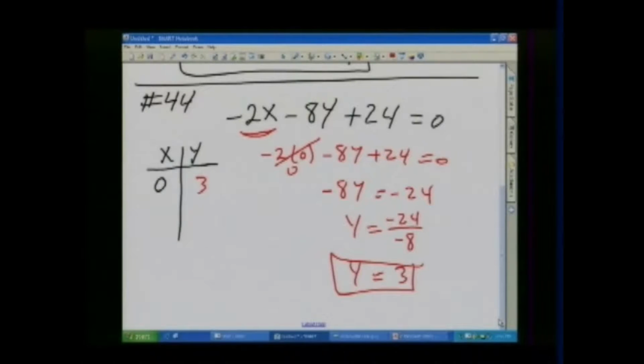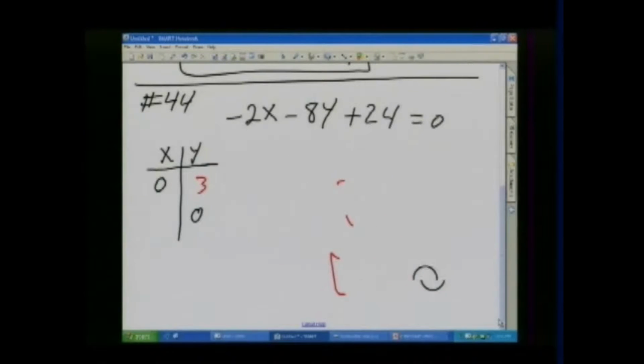Then I say, what if y is equal to 0? How much would x be? Well, when y is equal to 0, then minus 2x minus 8 times 0 plus 24 equal to 0.